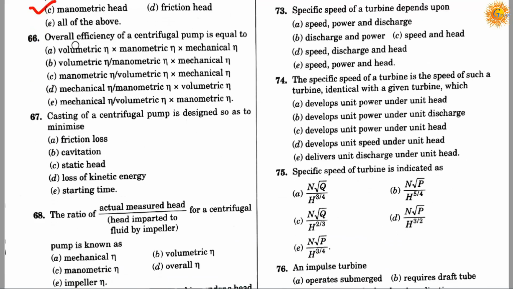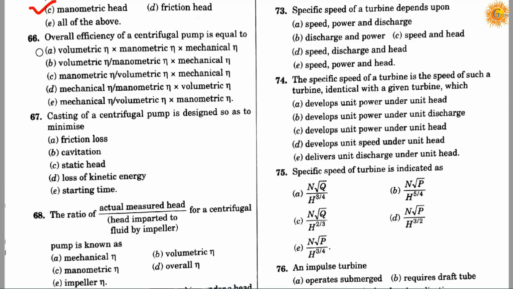Question number 66. Overall efficiency of a centrifugal pump is equal to option A volumetric efficiency eta into manometric efficiency eta into mechanical efficiency eta, option B volumetric efficiency divided by manometric efficiency into mechanical efficiency, option C manometric efficiency divided by volumetric efficiency and multiply by mechanical efficiency, option D mechanical efficiency divided by manometric efficiency into volumetric efficiency, option E mechanical efficiency divided by volumetric efficiency into multiply to the manometric efficiency eta.